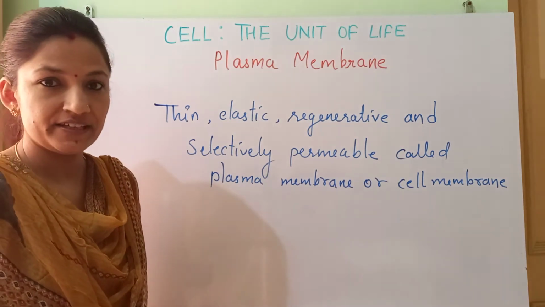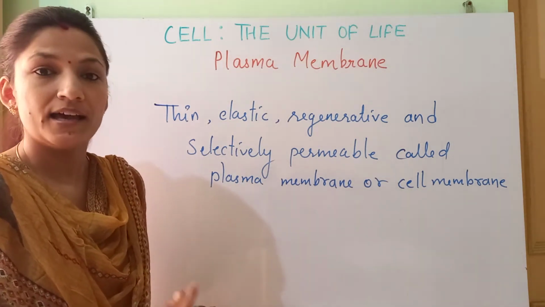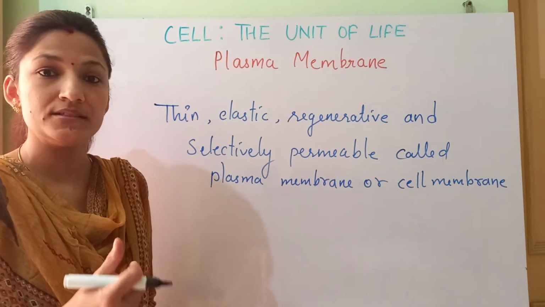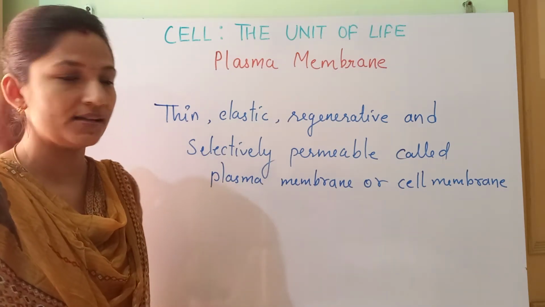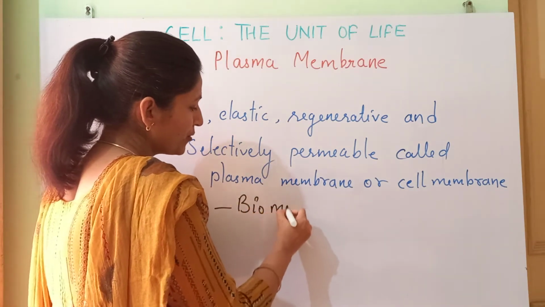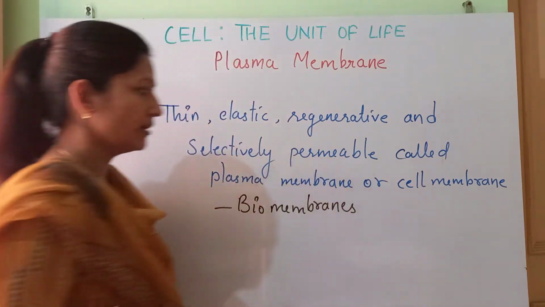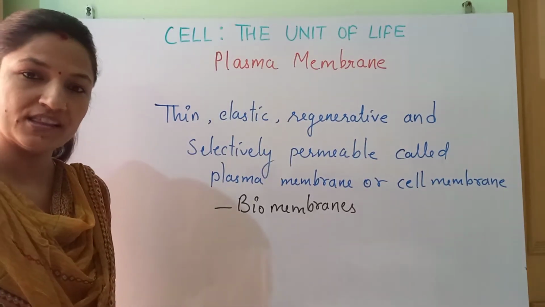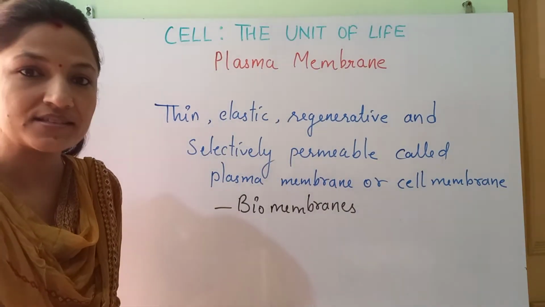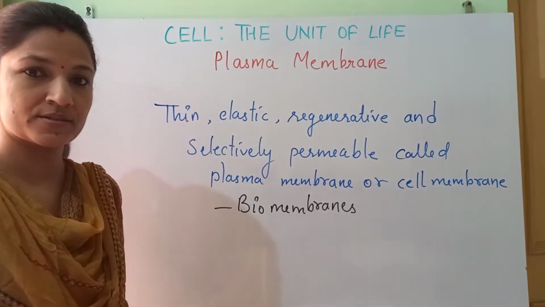So collectively, the plasma membrane which is externally present and the membranes present internally in the cell are termed biomembranes. Got it? Collectively, all the membranes present in a living system are termed biomembranes.